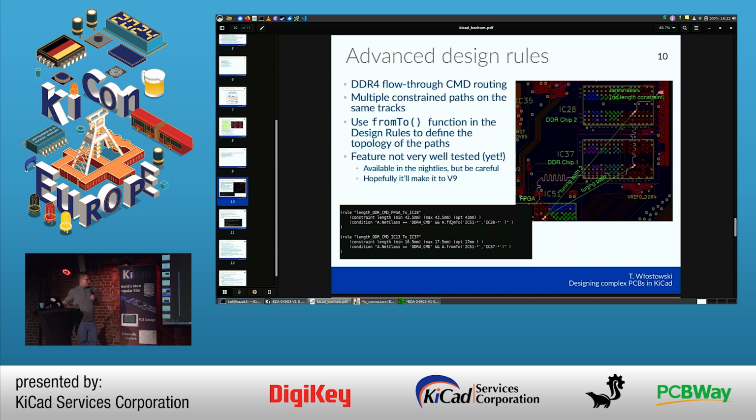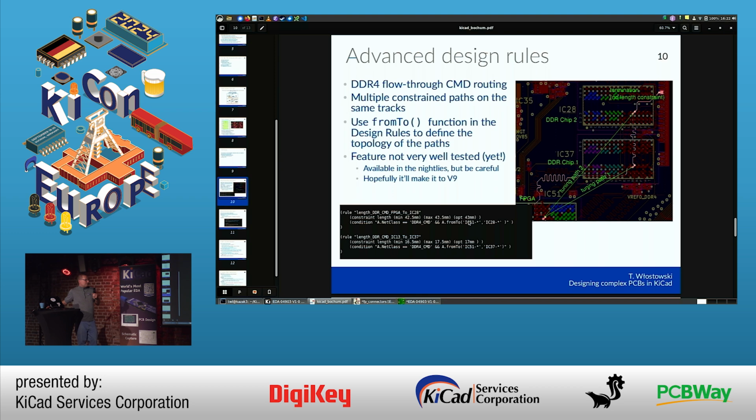We use the from-to function. Our FPGA is IC51. Our DDR chips are either 28 or 37. We first create a net class to group the control pins of the DDR in the board setup. So DDR4 CMD contains all the address pins, bank address pins, column address strobe, row address strobe, etc., like in every other DDR memory. It's just an umbrella for grouping signals. And then the crucial part is the from-to.